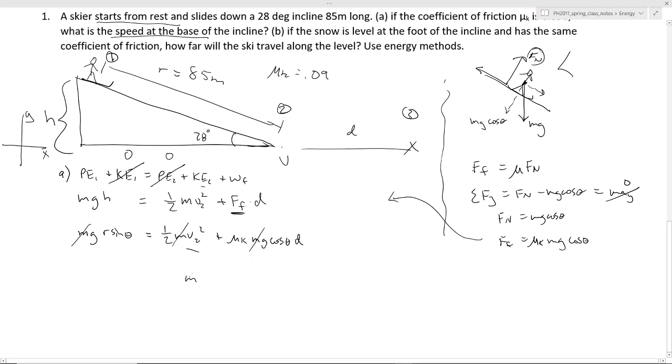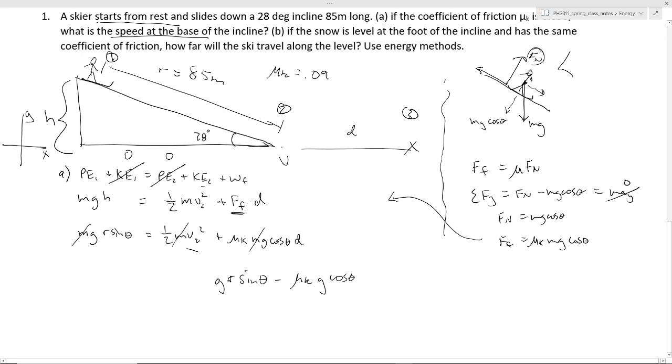And we could then reorganize this a little bit. So we would have g d sine theta minus mu k g cosine theta.